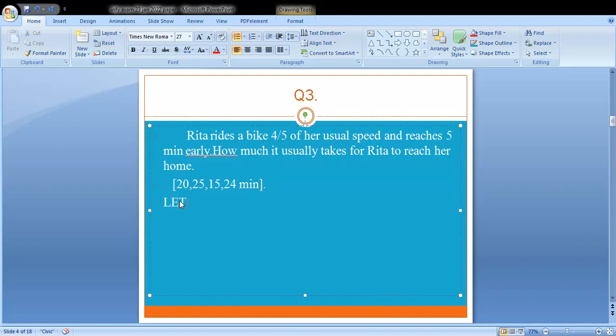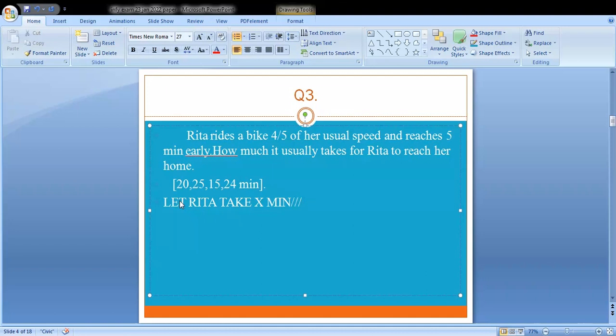Let her usual speed take x minutes to travel.